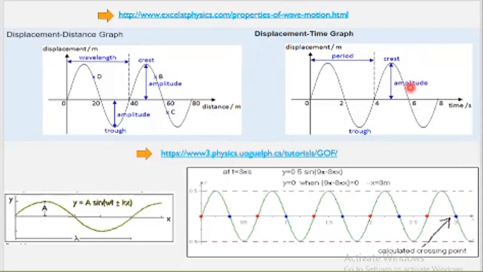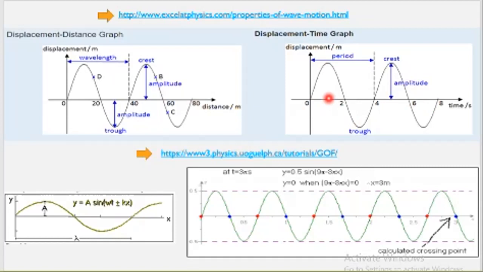So what is this angular frequency or frequency of the wave? It is the number of oscillations covered in unit time. If you carefully observe the time scale, you will find the unit time here in between 0 and 2.